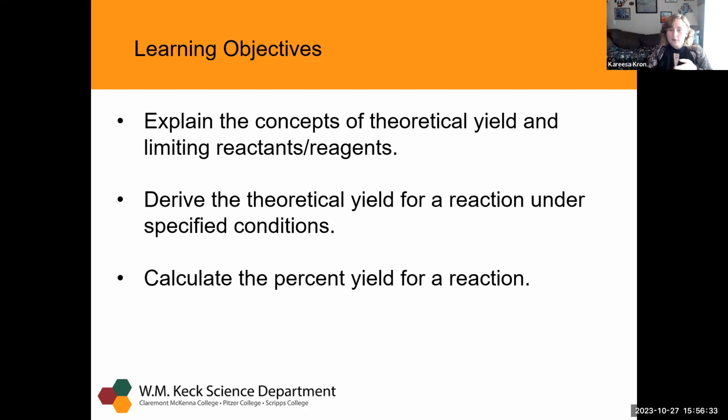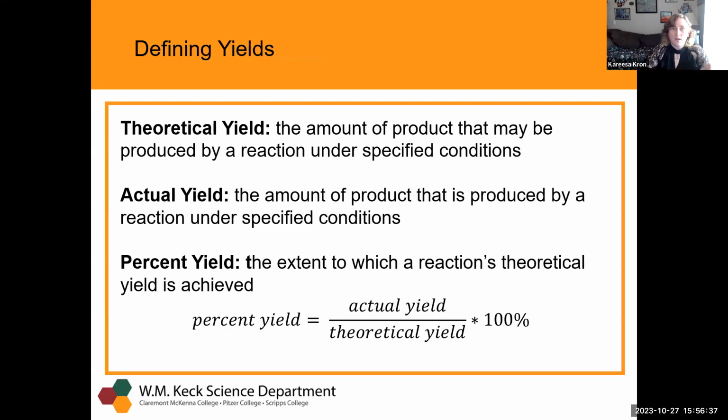And in order to do all of this, we need to define the language we're using. So if we want to define the types of yields that we can encounter, the first is a theoretical yield, which is the amount of product that may be produced by a reaction under specified conditions. So theoretical yield is assuming that you use up 100% of your reactants to produce products.